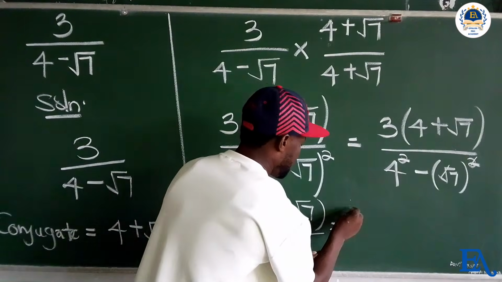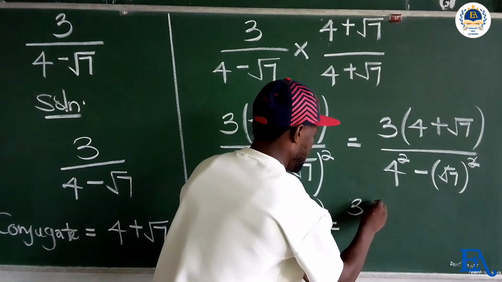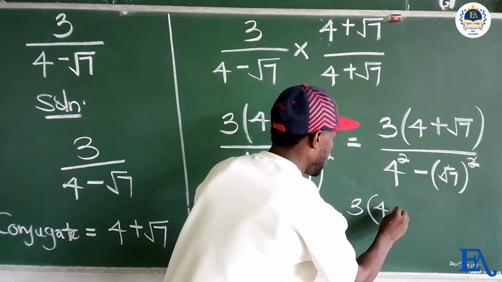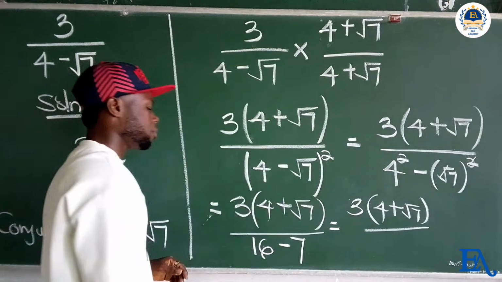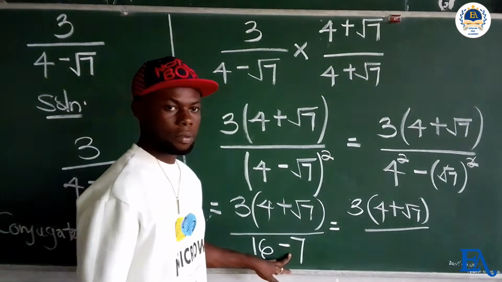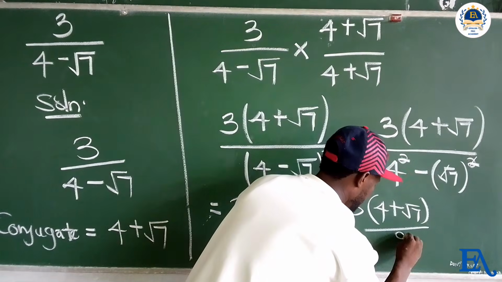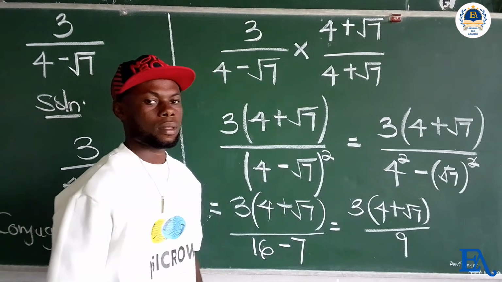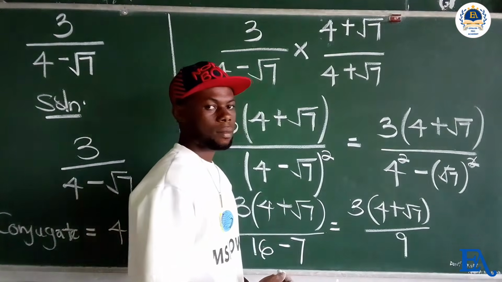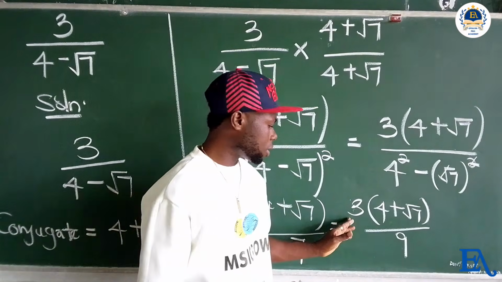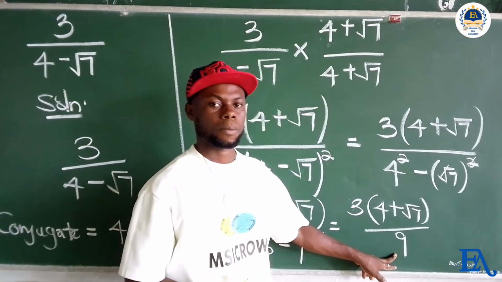Rewriting this, we have 3 into 4 plus root 7 all divided by 16 minus 7 gives 9. Can this 3 go into 9? I mean, how many 3's are there in 9?